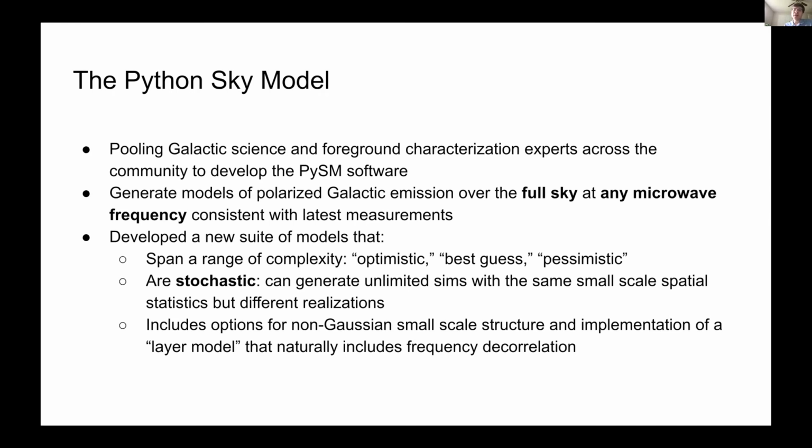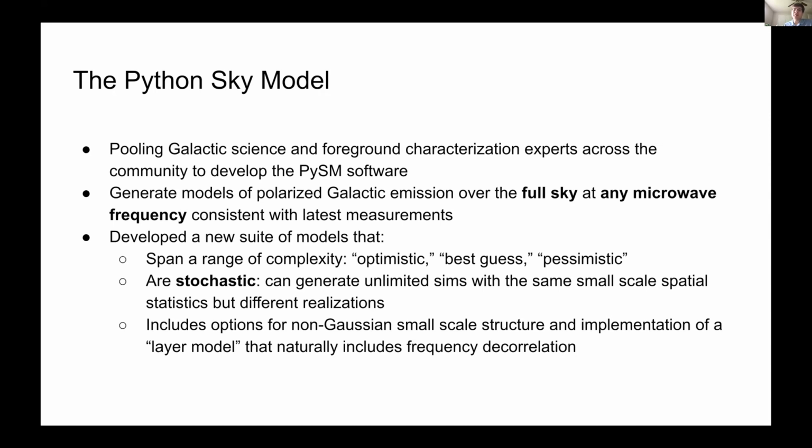And so what we've done is we've implemented models where the small scale structure is stochastic. So if you need 100 realizations of the sky at some frequency, now you can do that where the large scales will stay the same because they're well measured. We don't want those to be randomized, but then the small scale structure is actually different.